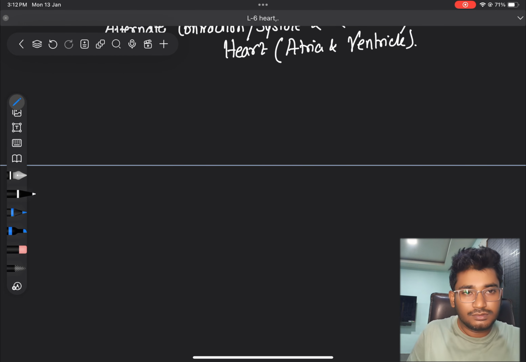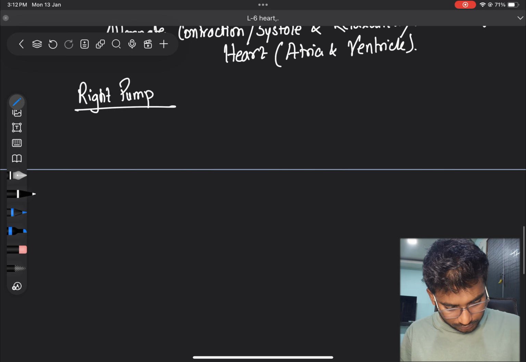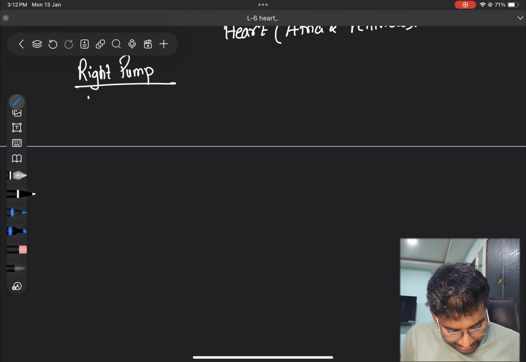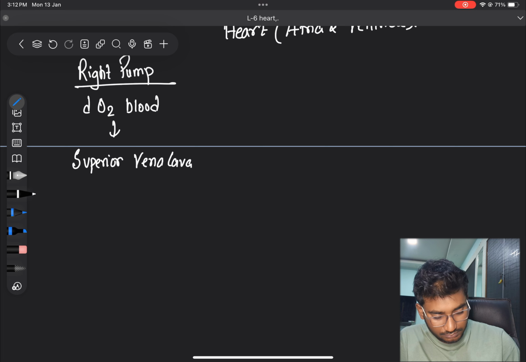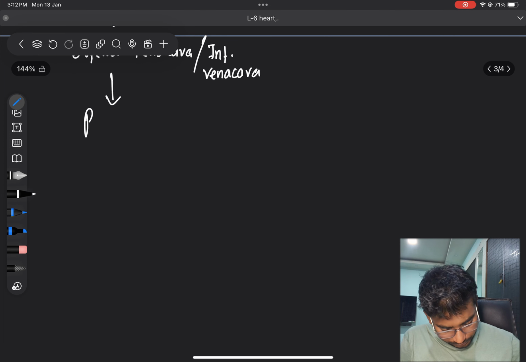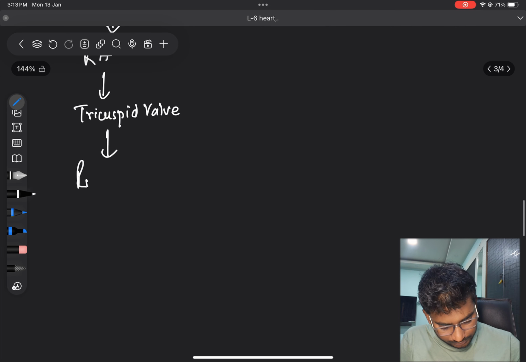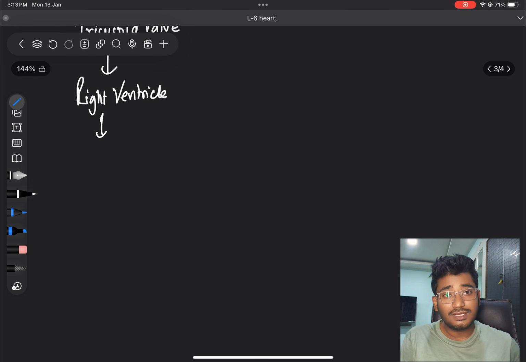Now the right pump. From the right pump, the deoxygenated blood goes via the superior vena cava and the inferior vena cava to the right atrium, then through the tricuspid valve to the right ventricle, then it goes to the pulmonary artery.